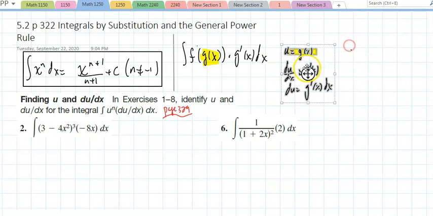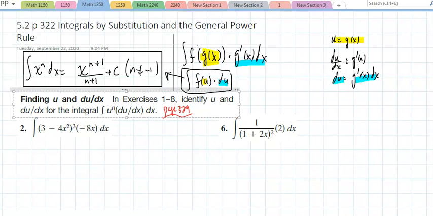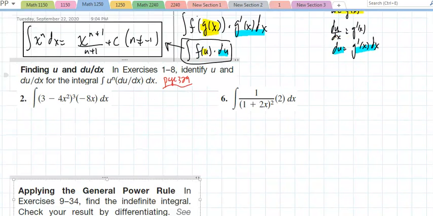What that does is transform the integral, and it will become f, a function of u, times du. The blue part is right there, and the yellow part is right there. And this we should be able to integrate because that's going to be a power function in this section. So, not to worry, we have plenty of examples to practice with.